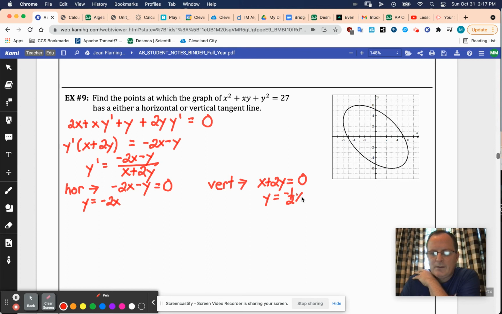Now what we're going to do is go back to the original equation and find the horizontal ones by setting all the y's equal to negative 2x. So that'll give me x squared plus x times negative 2x, plus negative 2x squared, and that's going to equal 27.